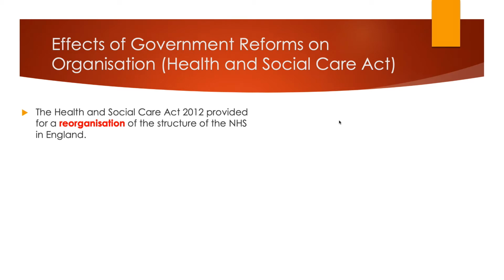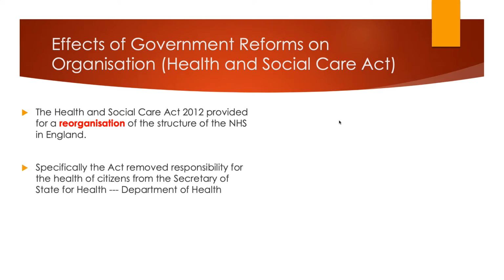The Health and Social Care Act provided the biggest, most radical restructure of the National Health Service. Specifically, the Act removed the responsibility of the health of citizens from the Secretary of State to the Department of Health. So it's that change of power that I mentioned from politicians to clinicians. That's one specific thing that the Act did.